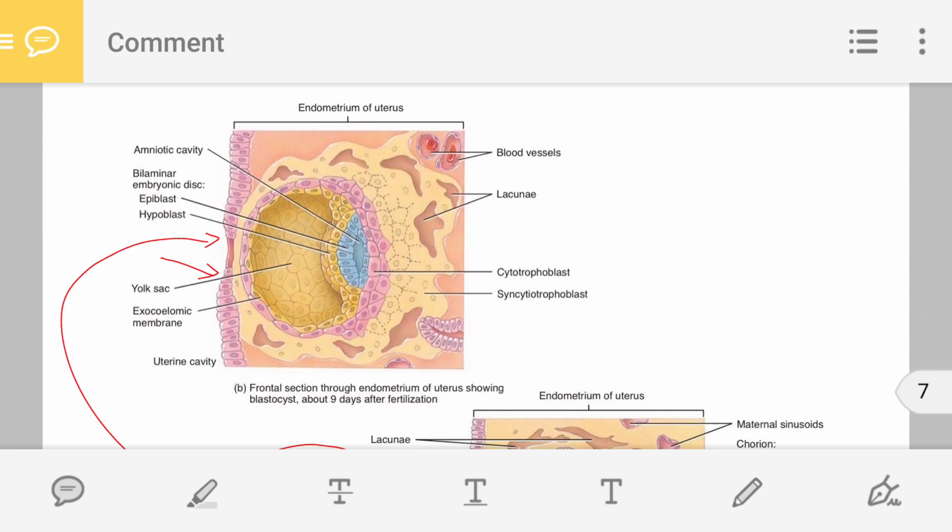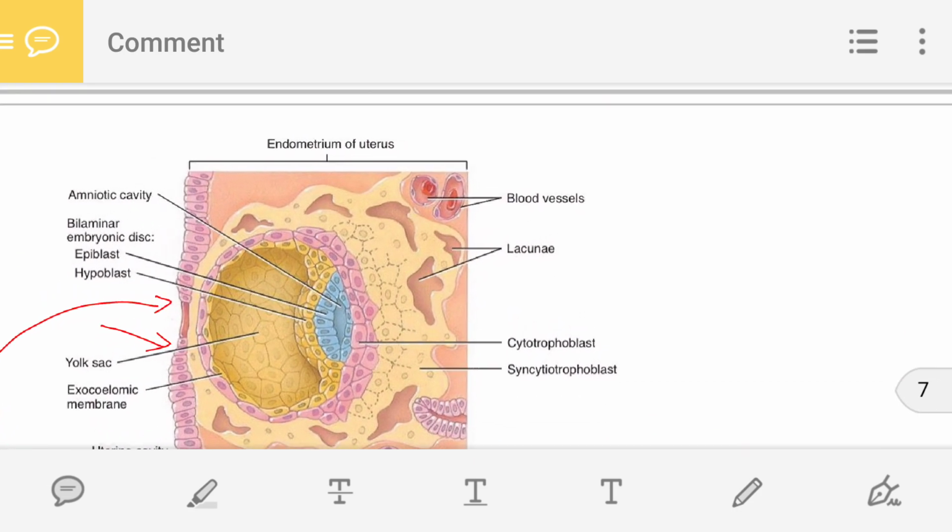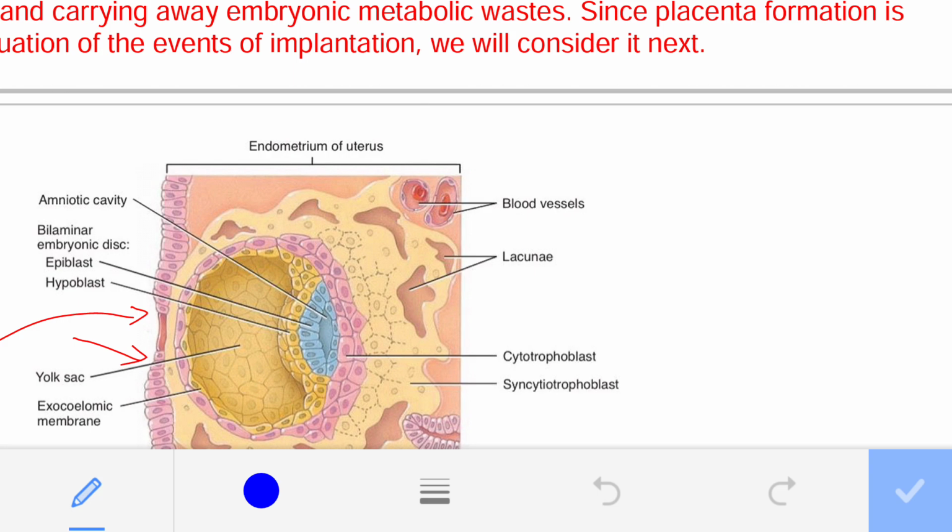In the figure, this is the blood vessel, and the enzyme will digest the wall of this blood vessel, so the blood leaks out and accumulates in this empty space, known as the lacuna. So we can say the lacuna is filled with the maternal blood.